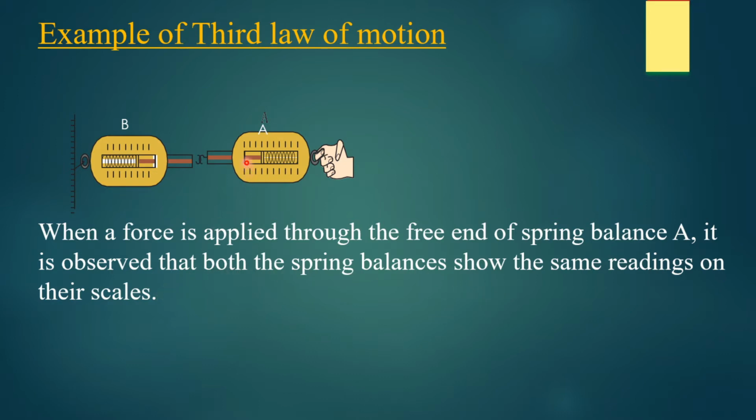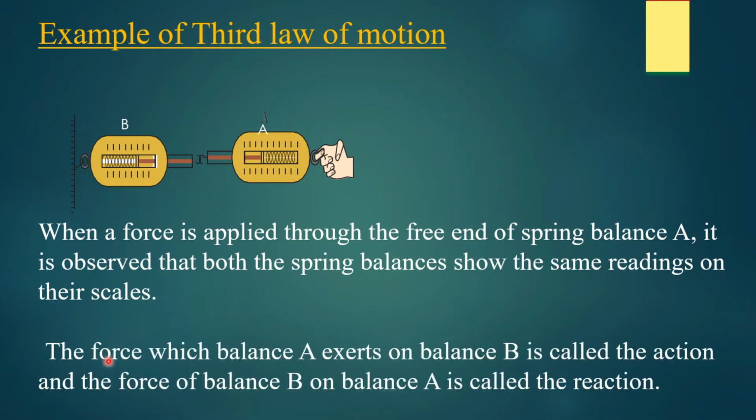That means if we see the reading in spring balance A as well as in spring balance B, both the readings will come out to be the same. The force which balance A exerts on balance B is called the action force, and the force of balance B on balance A will be called the reaction force. So action and reaction both are equal and opposite to each other.